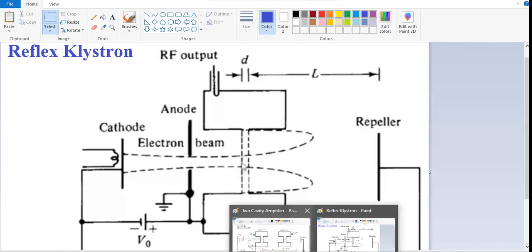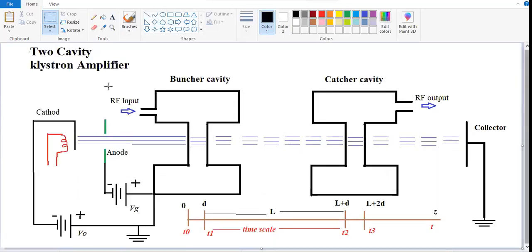In the two cavity klystron, this is your RF input. Now, when this RF input is varied and the frequency is changed, the resonance frequency of each cavity, both the buncher cavity and the catcher cavity, and the phase shift of the feedback path must be readjusted for a positive feedback.